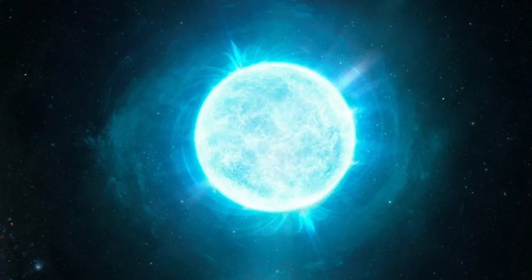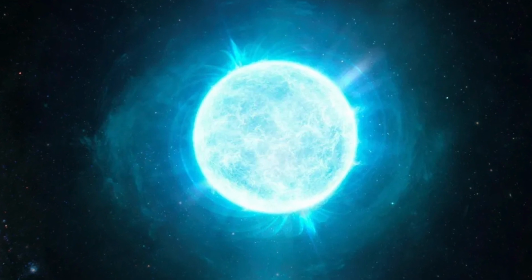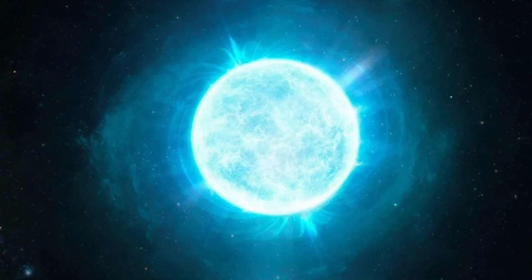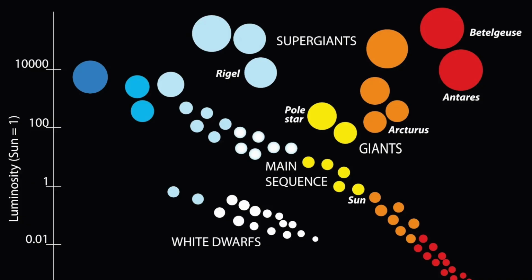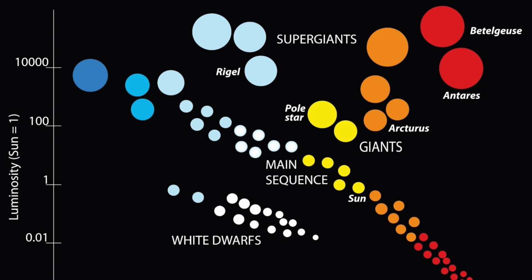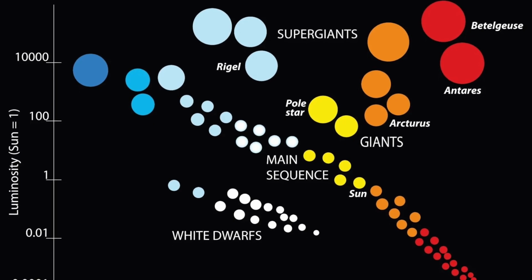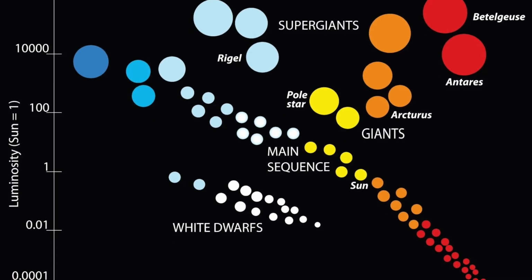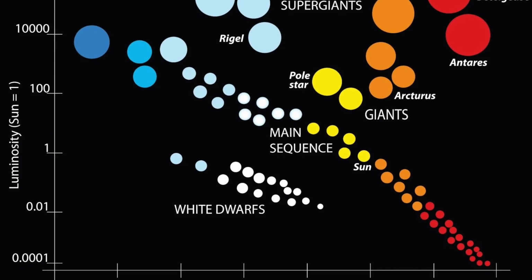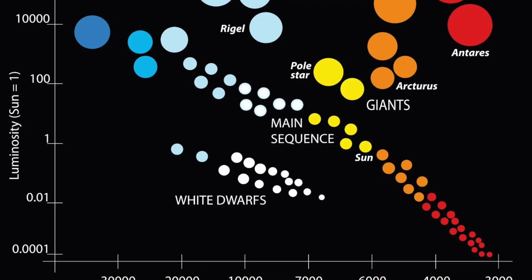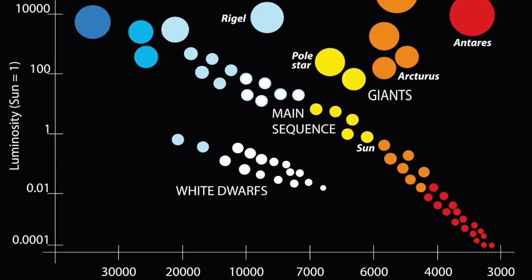Interestingly, not only are the more massive dwarfs smaller than the less massive ones, they are also less luminous for the same reason as I explained earlier. Typical luminosities of white dwarfs are less than one thousandth that of our Sun. More massive white dwarfs, having smaller surface area but more trapped heat, take longer to cool down than the lower mass ones.